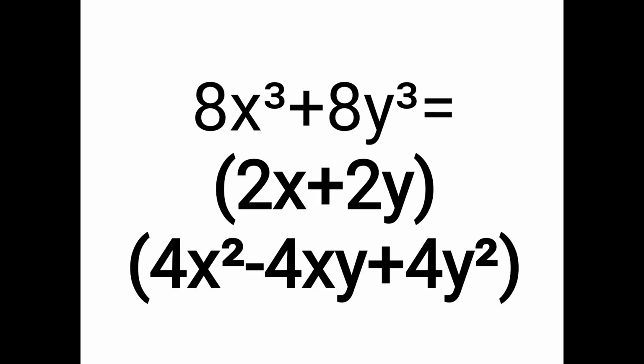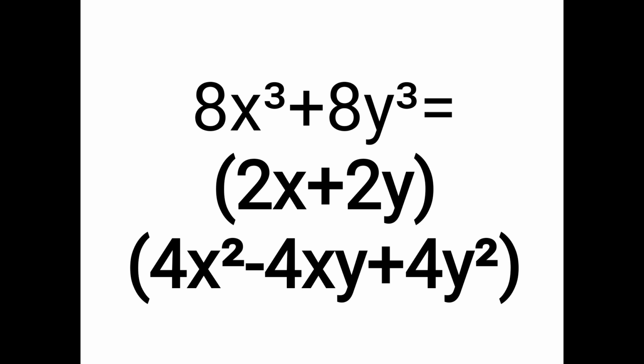Okay, for another example, 8x cubed plus 8y cubed. So get the cube root of 8x cubed, which is 2x, and then 4x squared. Then another one, 8y cubed, the cube root is 2y and 4y squared.